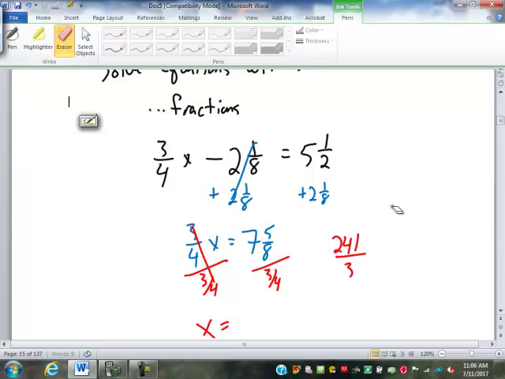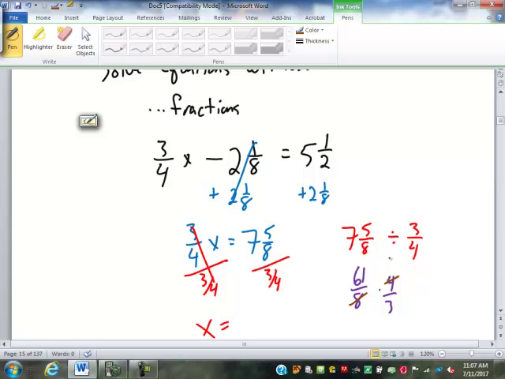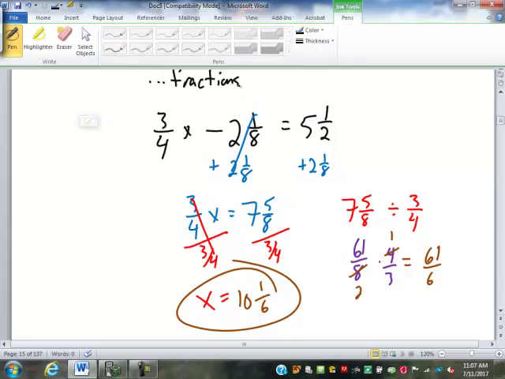No, that's not right. 7 5/8 divided by 3/4. 7 times 8 is 56, plus 1 is 61/8 times 4/3. 8 and 4 cross cancel, give me 1 and 2. So that's 61 over 6. That's 10 1/6. Questions?